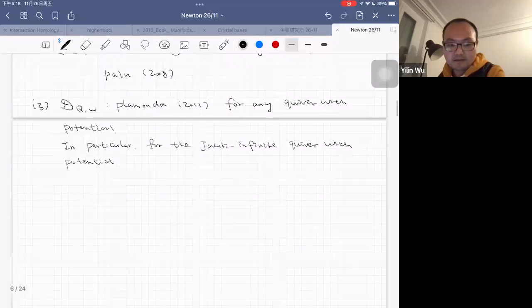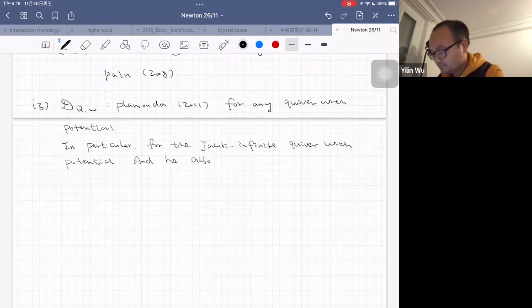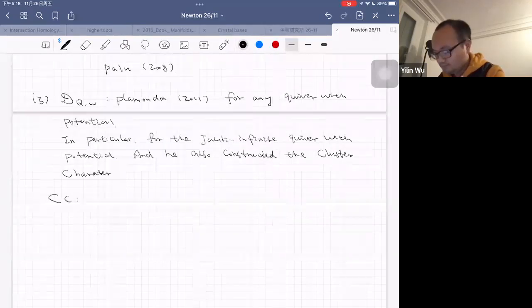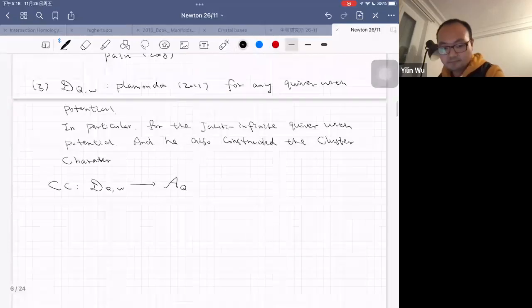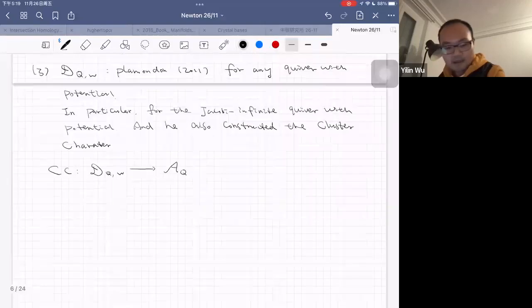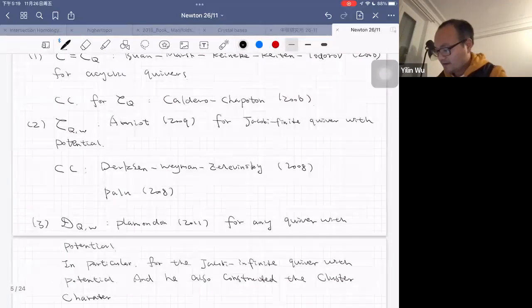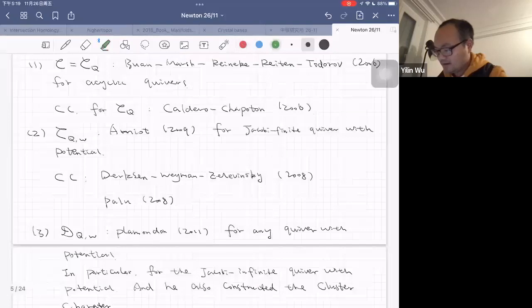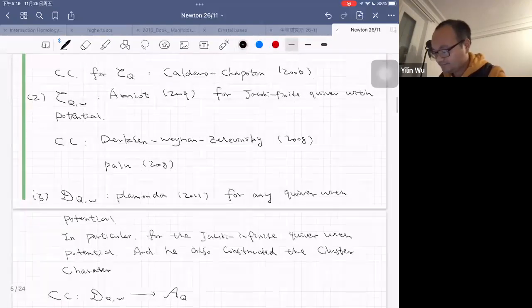And he also constructed the cluster character. These three categorifications are for cluster algebras without coefficients.